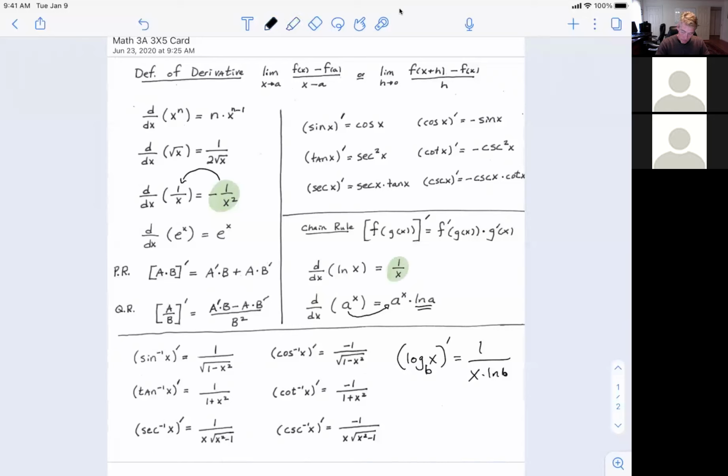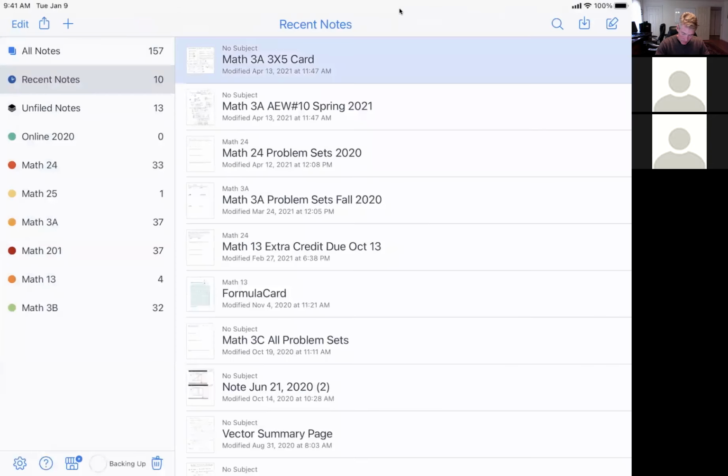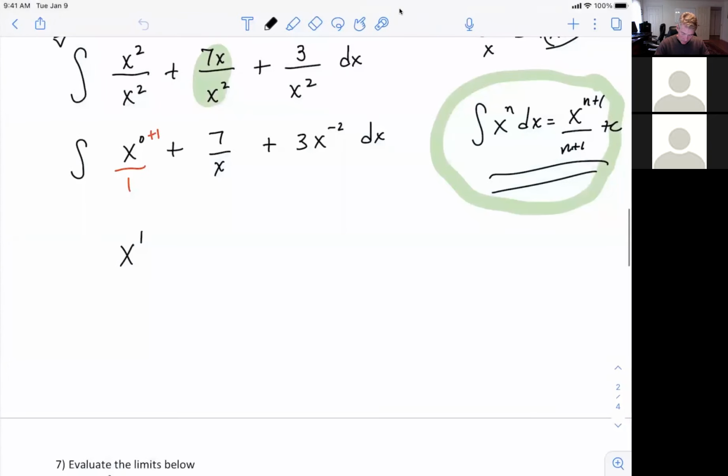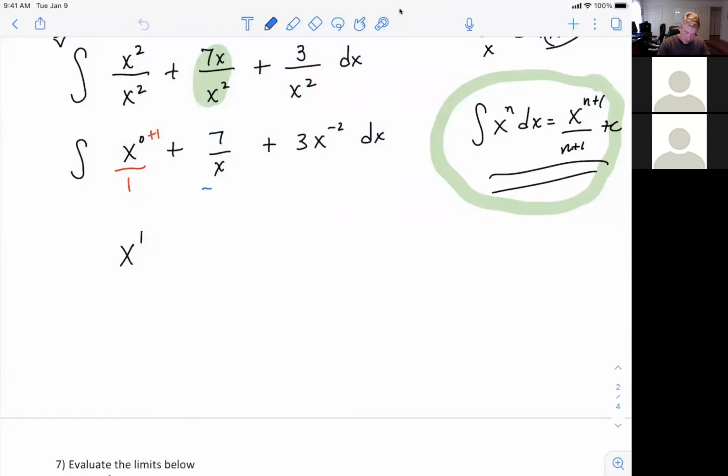Well, the over x part, that came from somebody took the derivative of natural log. So basically this is 7 times 1 over x.